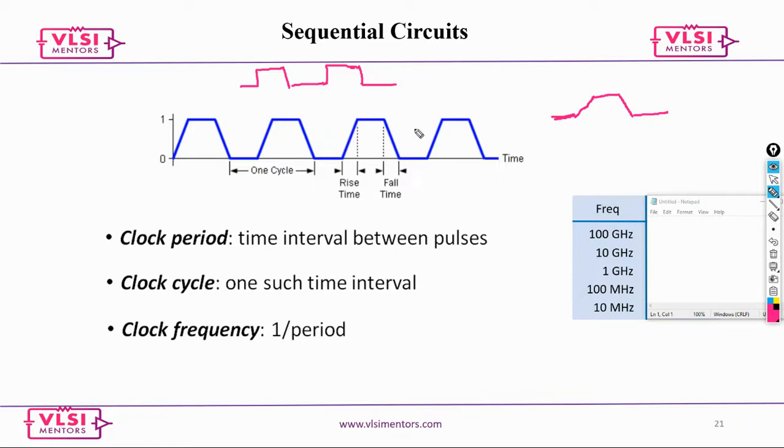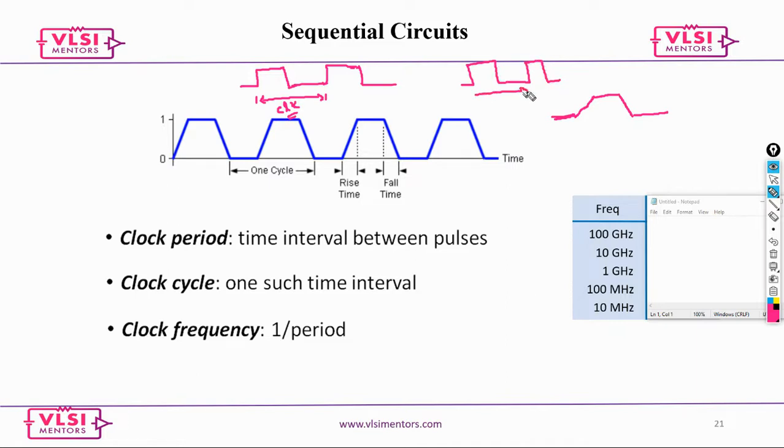Now, what is called a cycle? If you look from this to this, it is one clock cycle. When you say one clock cycle, it contains both on and off.